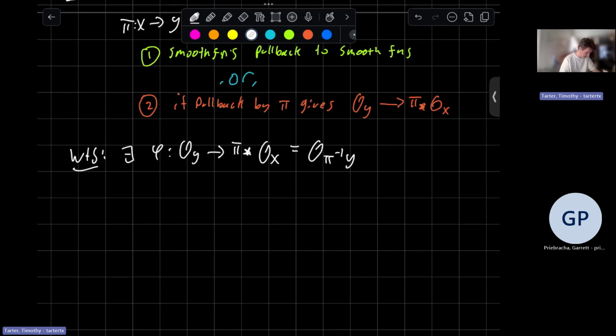So we're sending f and u to pi inverse of f, pi inverse of u.